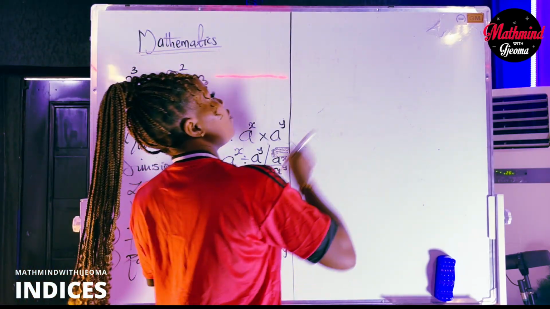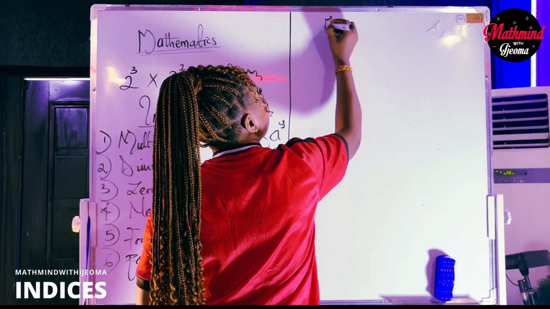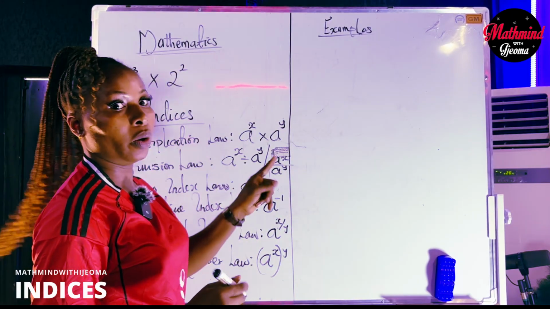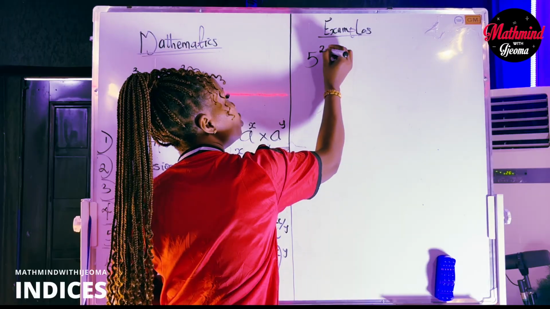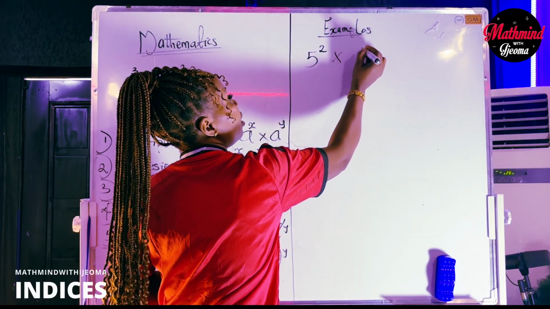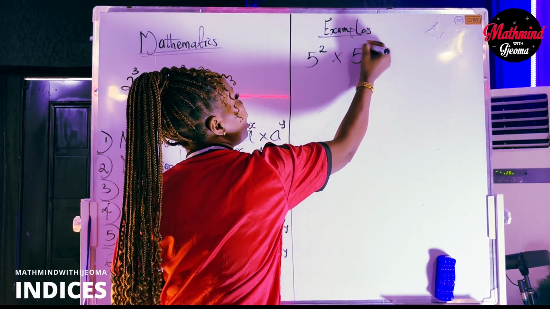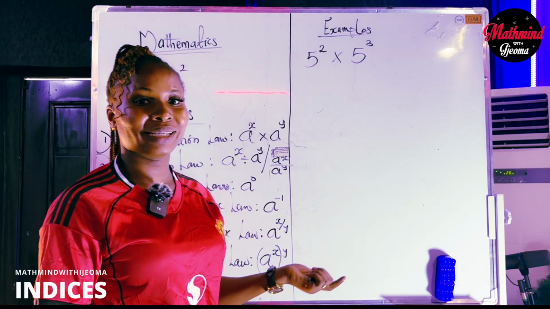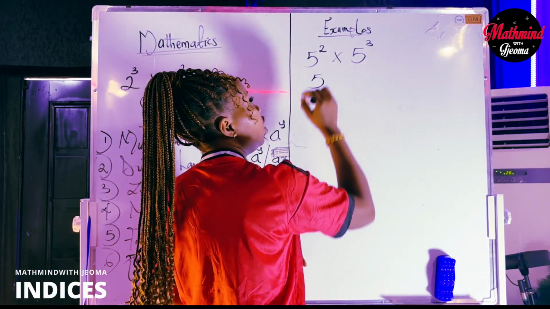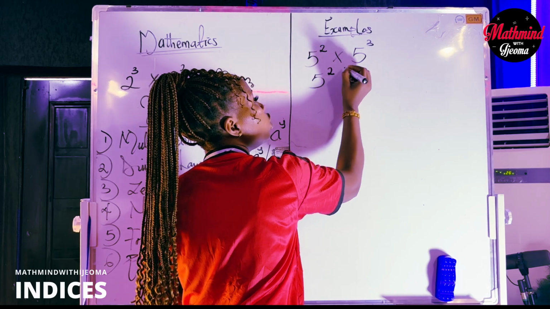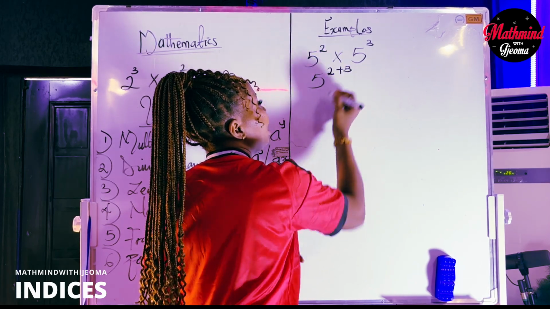Now, let's solve some examples on them. Multiplication law. We can have 5 raised to power 2 times 5 raised to power 3. What do you do in this case? Just go ahead and pick 5 raised to power 2 plus 3.